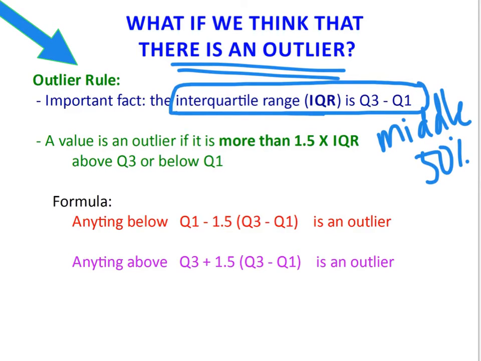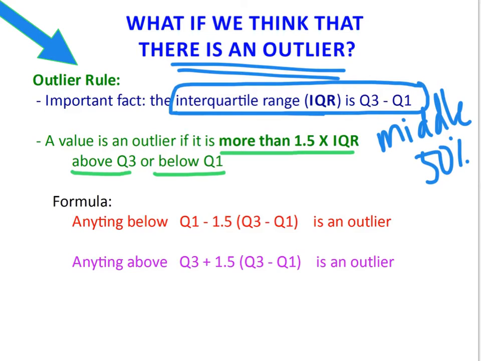We call a value an outlier if it is more than 1.5 times the IQR above Q3 or below Q1. You will see a tangible example of this in 1 minute. You just need to get this information down before we move on.